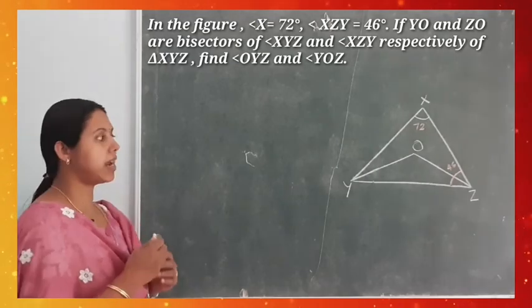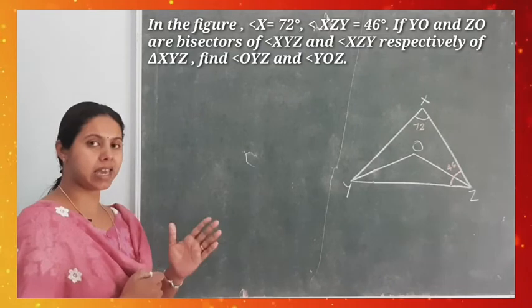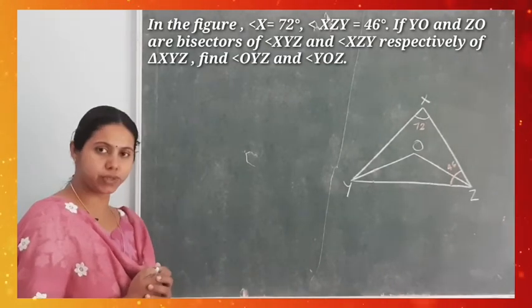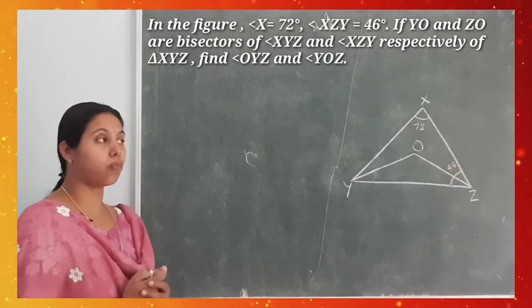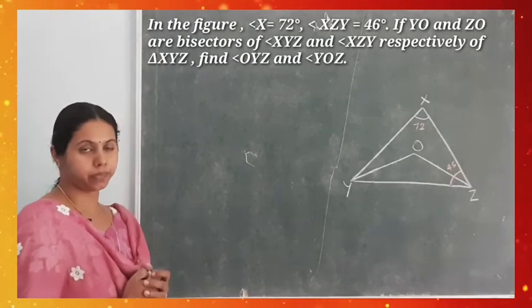So in triangle XYZ, two of the angles are given: angle X is equal to 72 degrees, angle Z, that is angle XZY, is equal to 46 degrees.